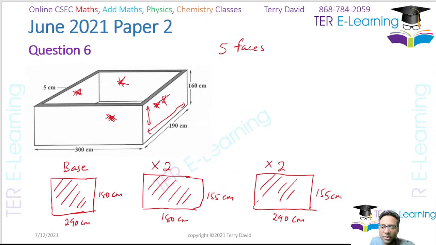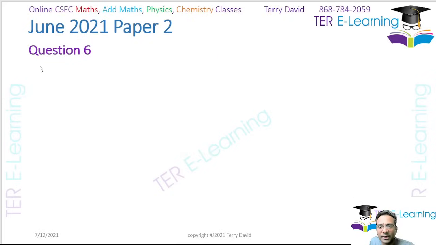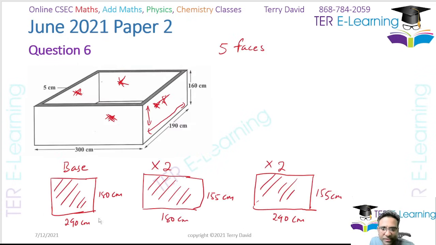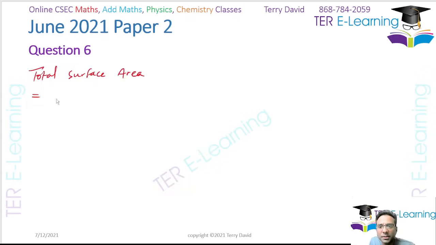So what we're going to do is work out our total surface area on the inside. Let's write that down. Our total surface area. Let's look at this. The base is 290 by 180, so the base is 290 multiplied by 180.